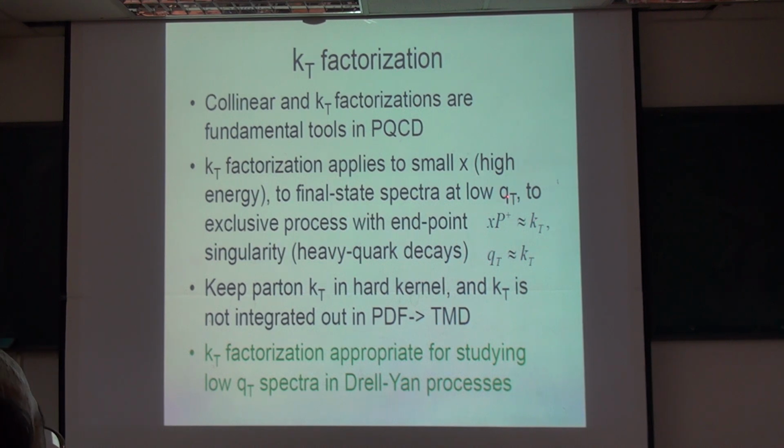Similarly, in the low QT region, QT is about the same order as KT. Then we cannot neglect KT. So once we keep KT, we have to apply the KT factorization. That's the reason I say here, KT factorization is appropriate for studying the low QT spectrum in the Drell-Yan process. So first, we need KT factorization to study this low QT lepton pair.